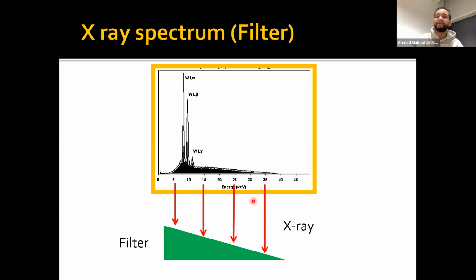Think about it: the chance that this electron is going to hit this electron and knock it out, and then another electron is going to come and substitute for it, is way less than the general radiation, where it just changes direction. So it's 90% general and 10% characteristic, but they are happening at the same time.